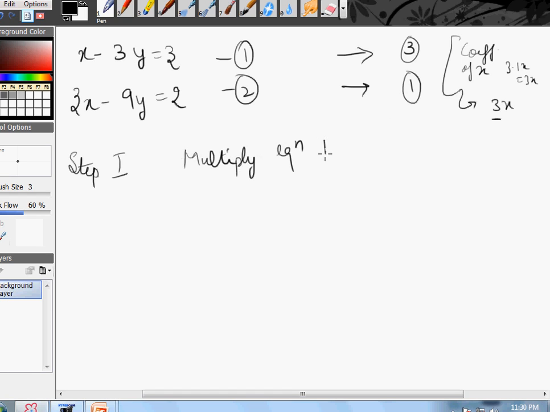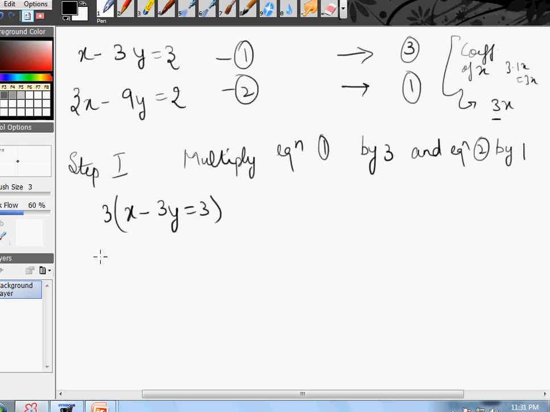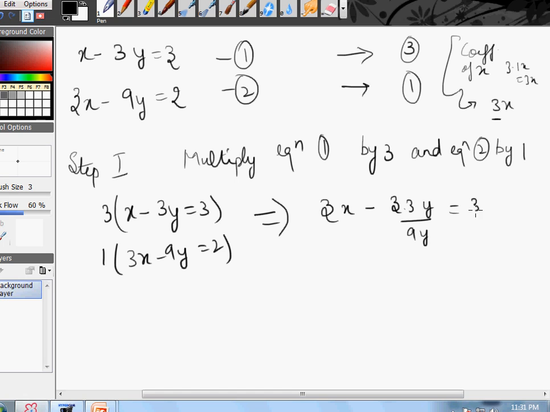Therefore, multiply equation 1 by 3 and equation 2 by 1, we get 3 into x minus 3y equal to 3 and 1 into 3x minus 9y equal to 2, which gives us 3x minus 3 into 3y, which is 9y, equal to 3 into 3, which is 9.